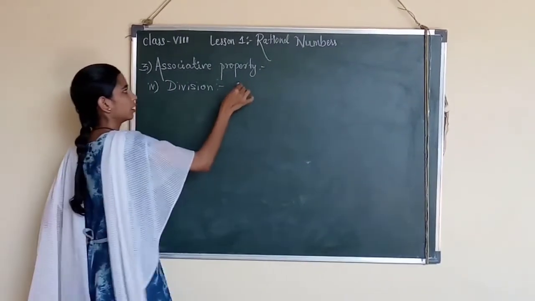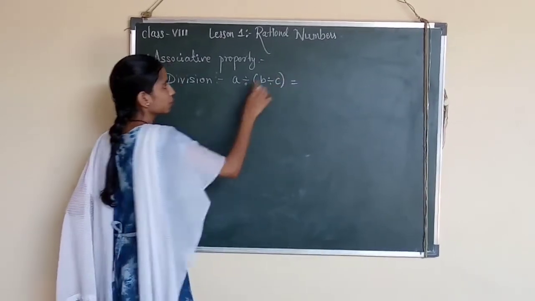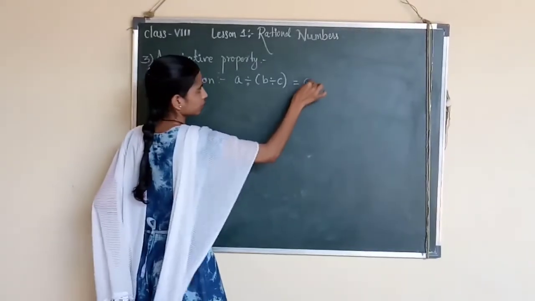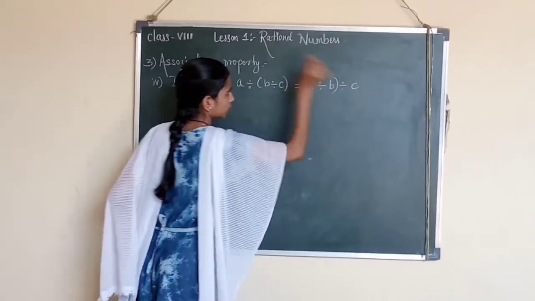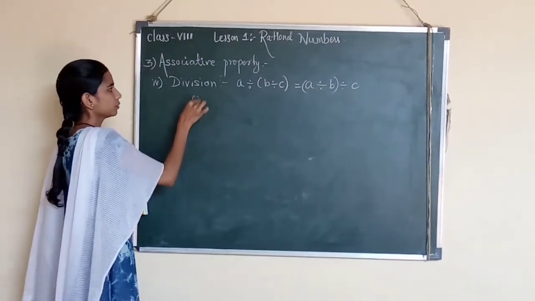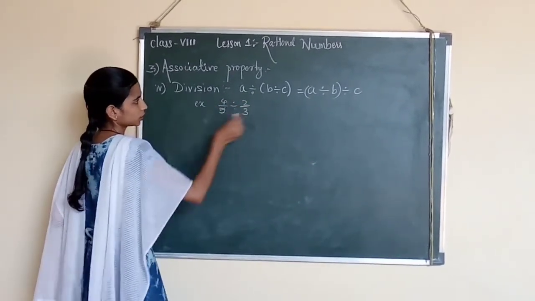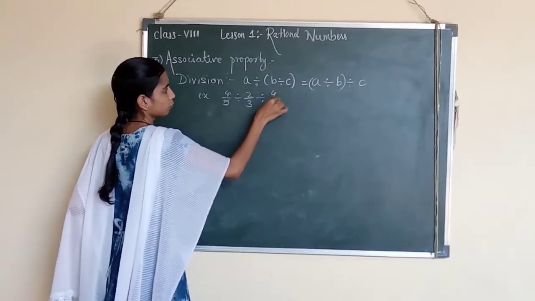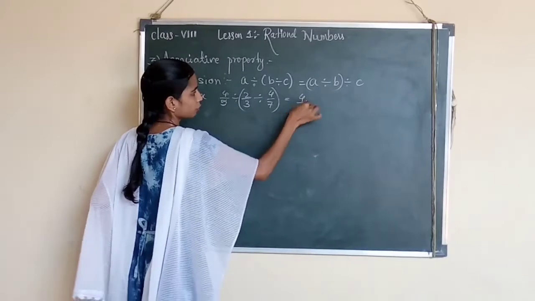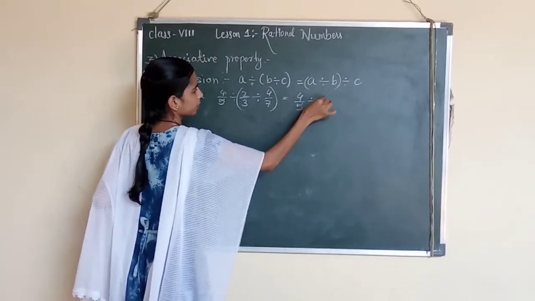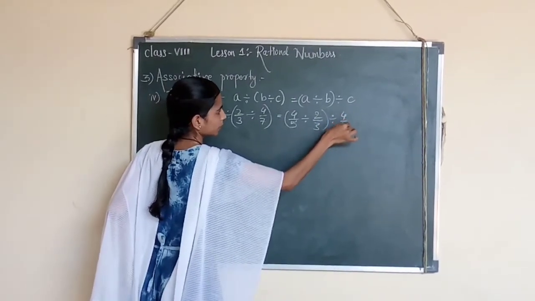Means if we rearrange rational numbers by using division operator, then, let's take an example. 4/5 ÷ 2/3 ÷ 4/7, which is equal to, rearranging them, 4/5 ÷ (2/3 ÷ 4/7).